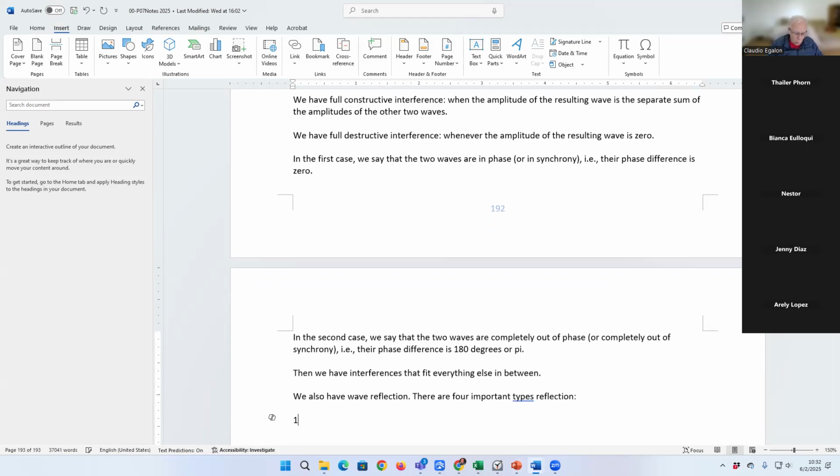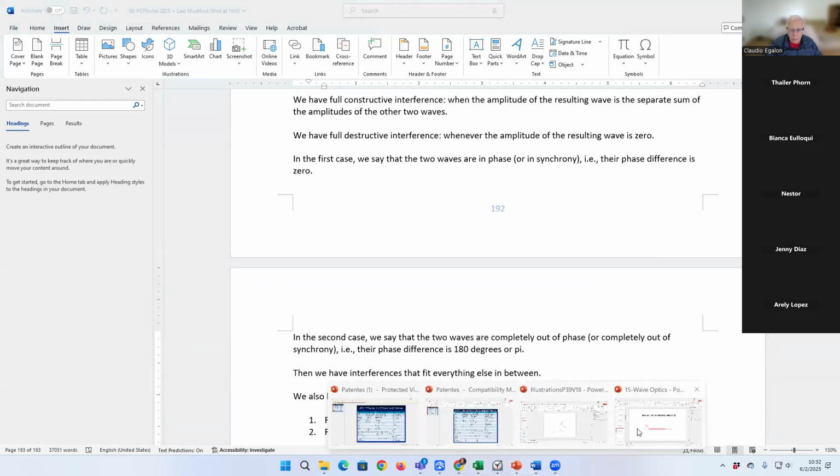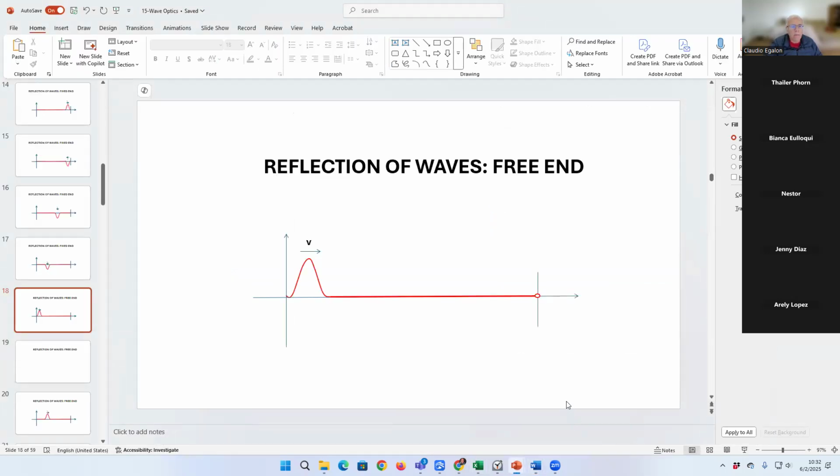Okay. 1, reflection from a fixed end. Okay. Reflection from, let's see how I wrote that down, from a free end.